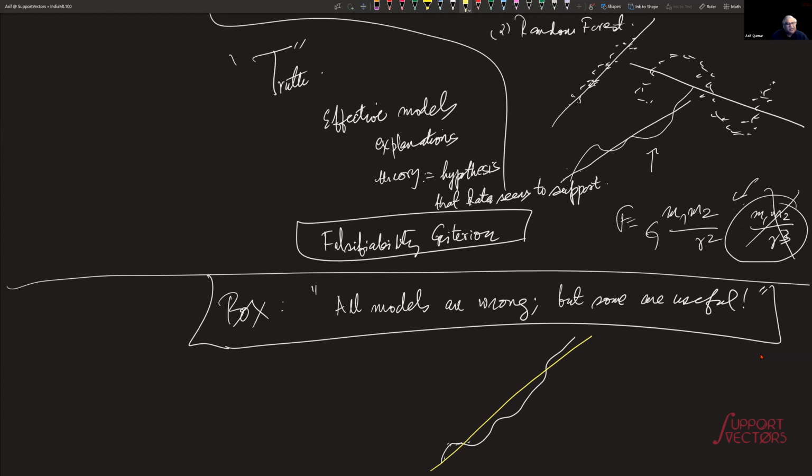For example, if you're trying to guesstimate the sale of ice cream on a beach, this model would be a pretty good model, right? But suppose you're trying to determine the trajectory of a spaceship in space, errors like this can be catastrophic. Right? This theory is perhaps hopelessly inaccurate.